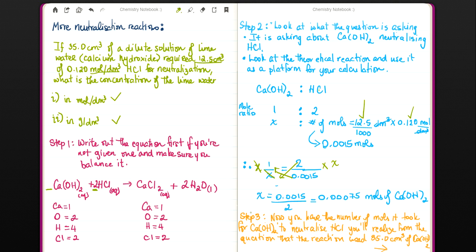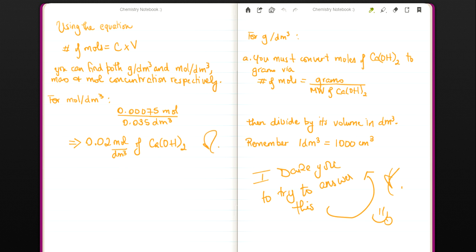You realize from the question that the reaction used 35 centimeters cube of calcium hydroxide. Using the equation, the number of moles equals concentration times volume. You can find both gram divided by dm cube and mole divided by dm cube, mass and mole concentration respectively.